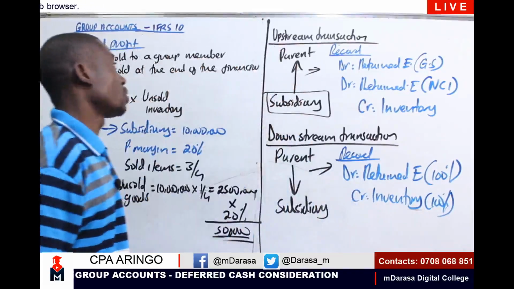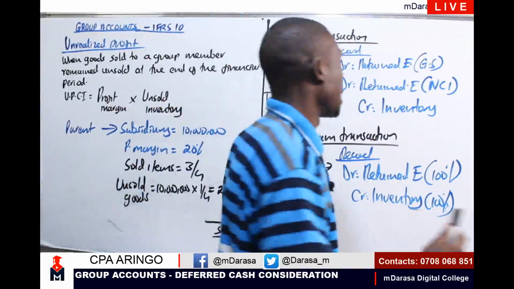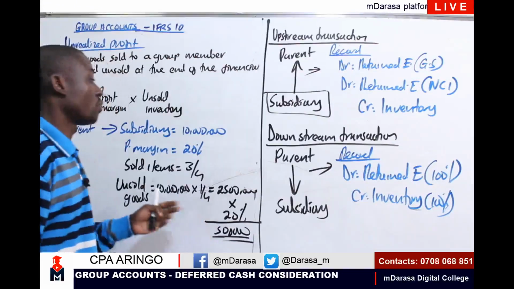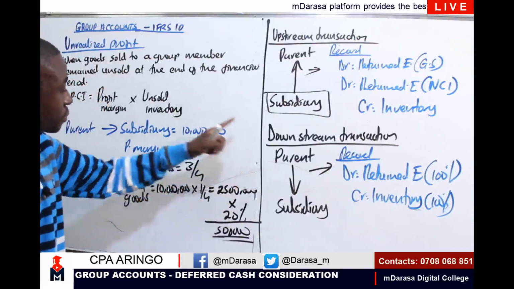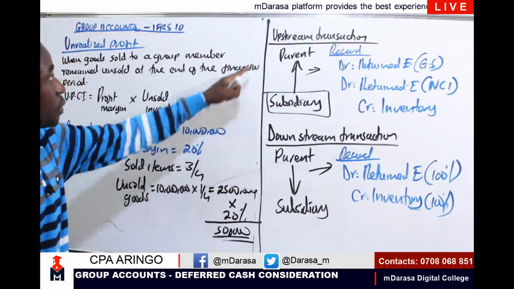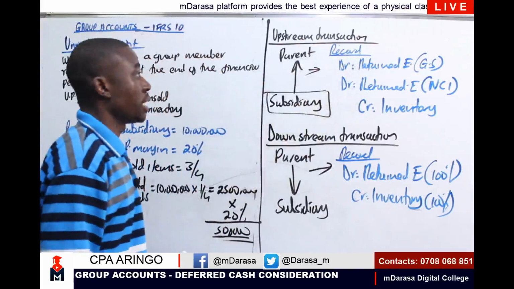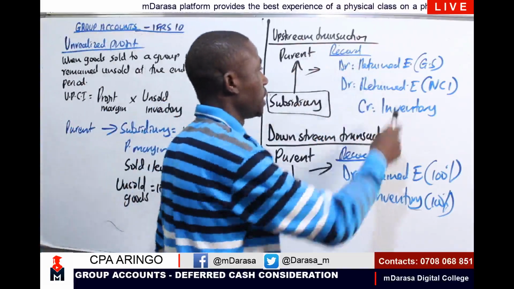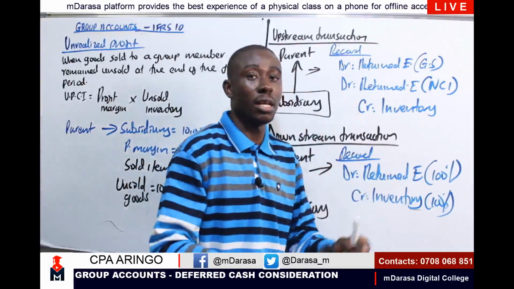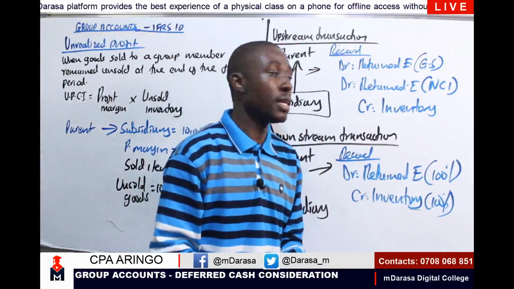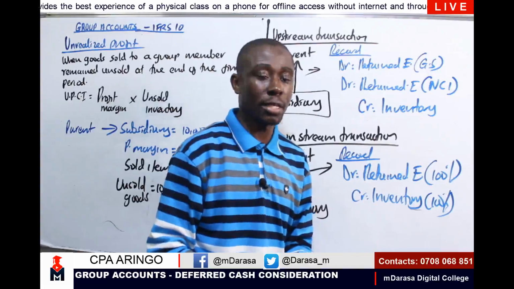These are very key to note when we talk about our UPS. In an upstream transaction, in the event that I'm having UPS, we are going to debit our retained earnings with the group share of the UPS and debit our retained earnings of NCI with the NCI share of UPS, and we credit our inventory with the total amount of UPS.